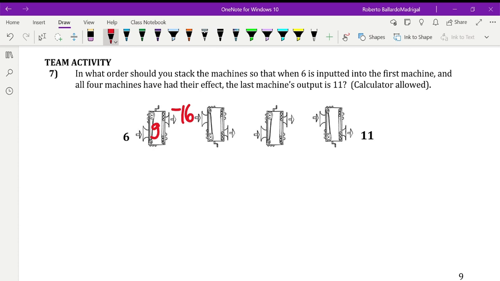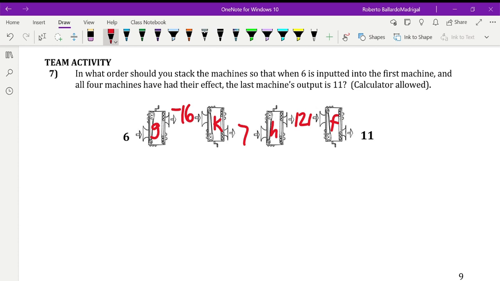H or K? Negative 16 goes into K. And when you plug in negative 16 into K, you get an output of 7. 7 goes into H to give you 121. 121 goes into F to give you a final solution of 11.